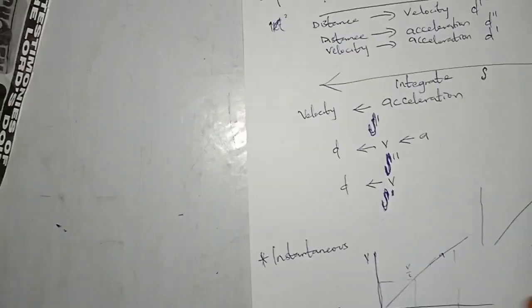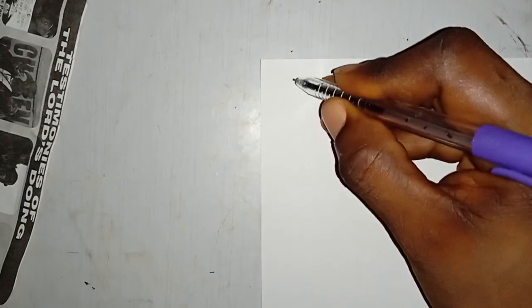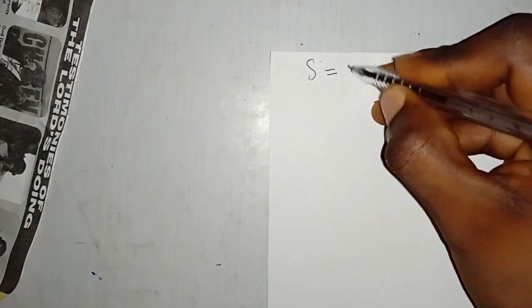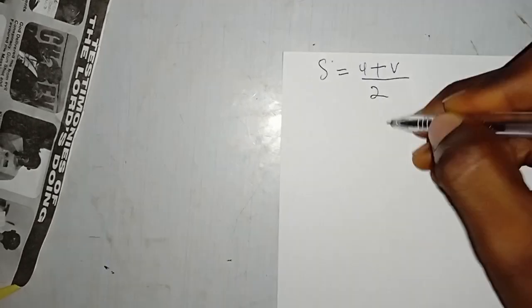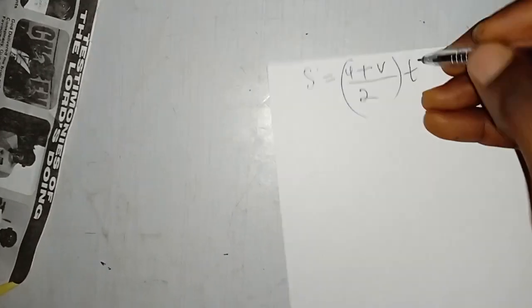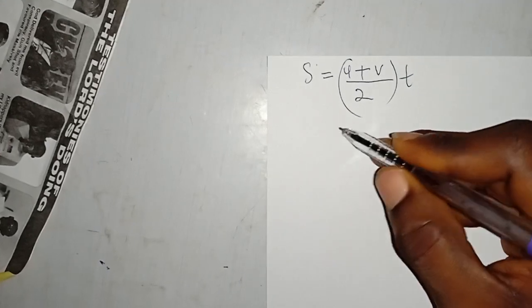So if you know this, let's move to equations of motion. Remember, we've gotten equation 1, and from our equation 1, we got that s, displacement, is equal to (u plus v) all over 2, which is average velocity, times t. Remember that this is equation 1.